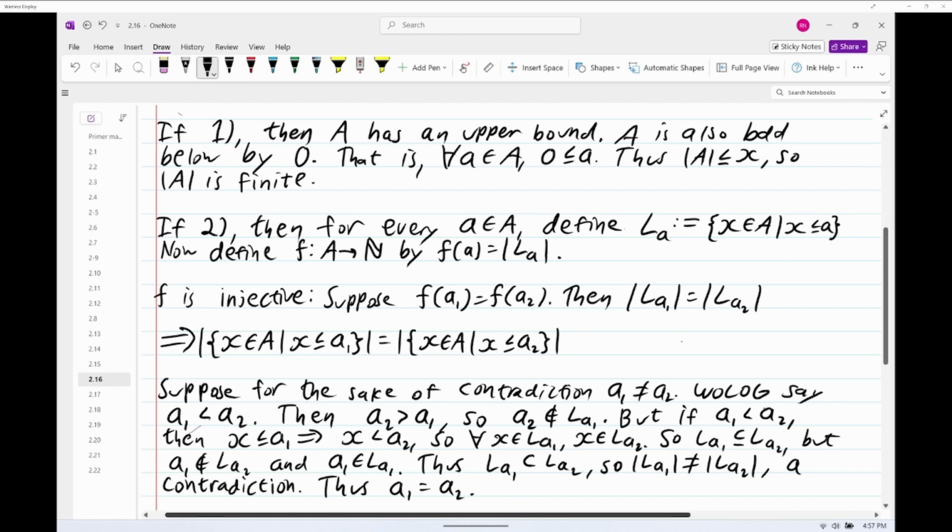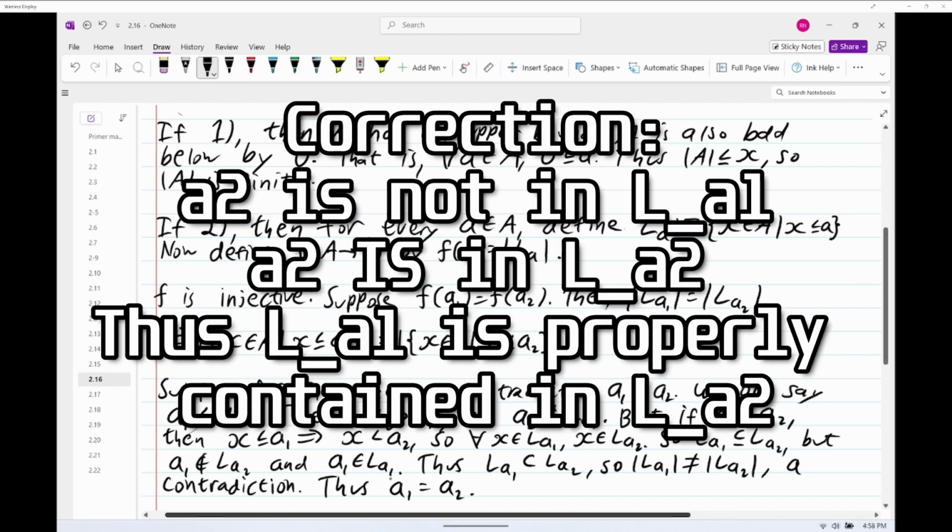But if A1 is smaller than A2, then X smaller than or equal to A1 implies X smaller than A2. So LA1 is actually contained in LA2. Everything in LA1 is in LA2. But A1 isn't in LA2, and A1 is in LA1.